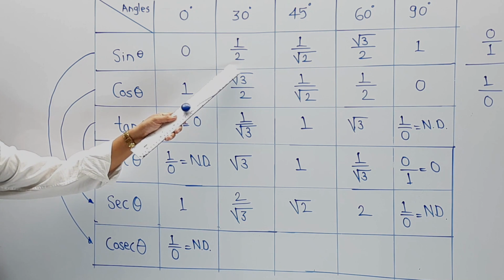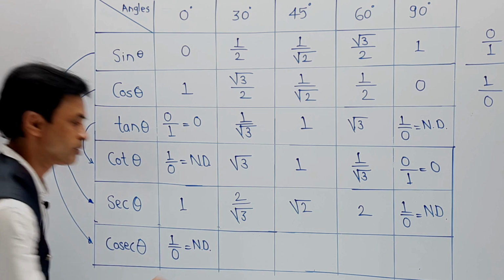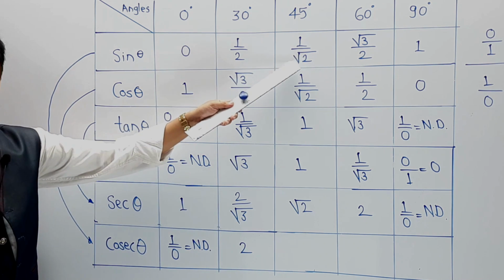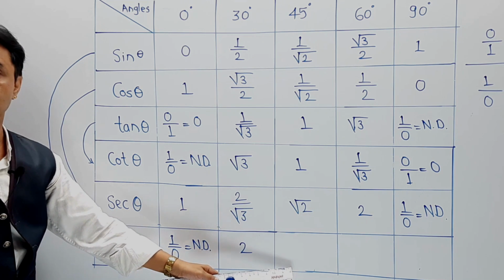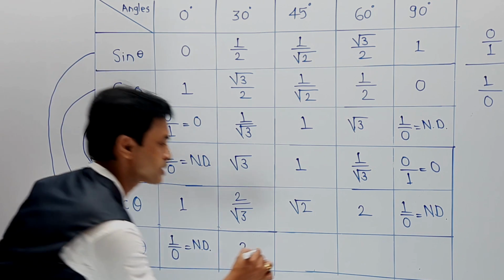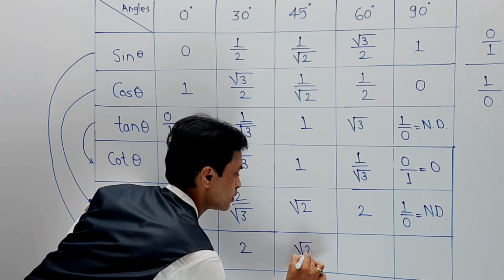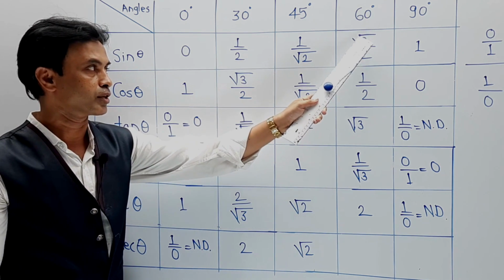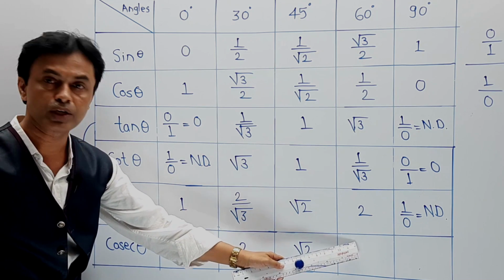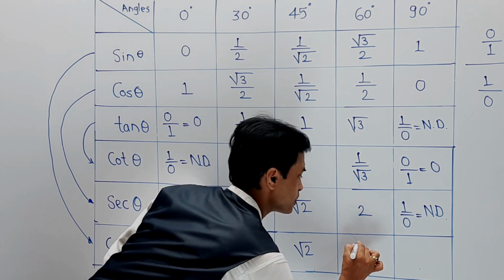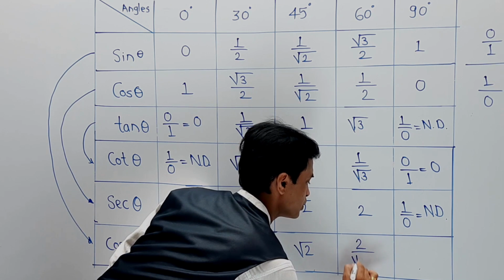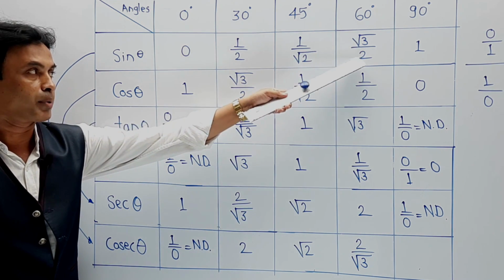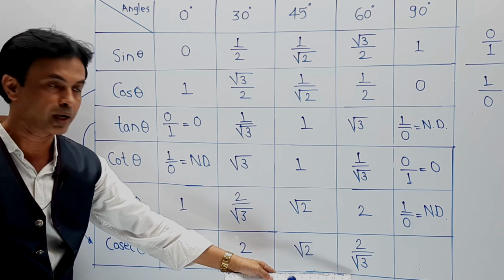The reciprocal of 1 upon 2 becomes 2 upon 1, which you can simply write as 2. 1 upon root 2, its reciprocal becomes root 2 upon 1, which is simply root 2. Next, from the sine table, 60 is root 3 by 2, and its reciprocal is 2 by root 3.